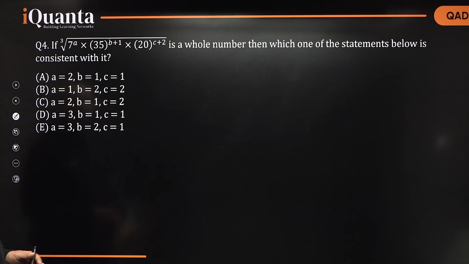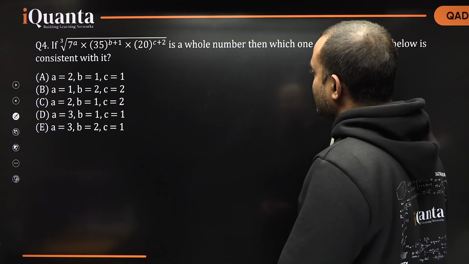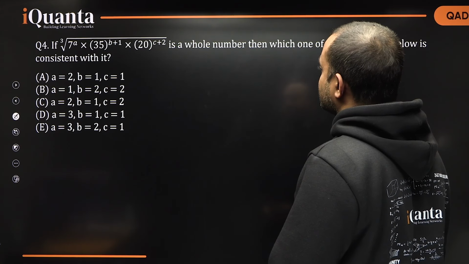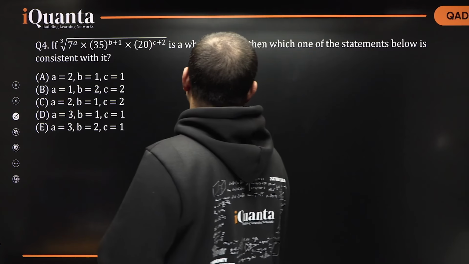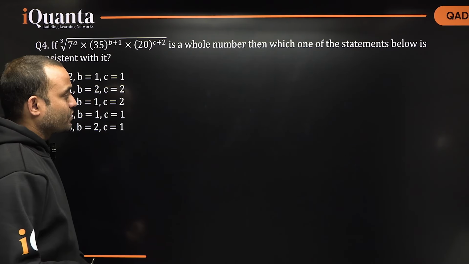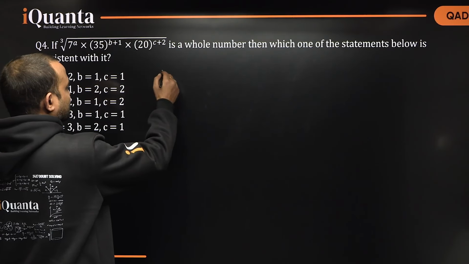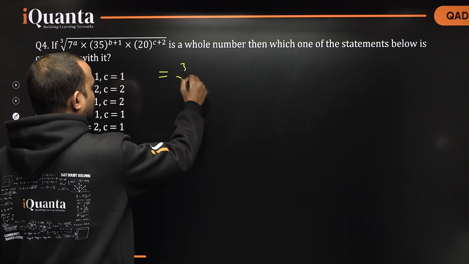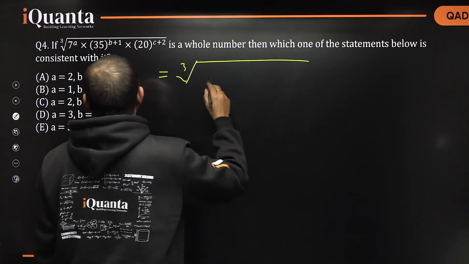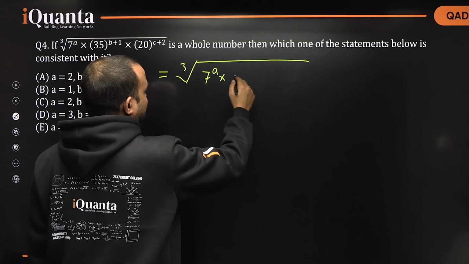If cube root of 7 to the power A into 35 to the power B plus 1 into 20 to the power C plus 2 is a whole number, then which of the statements below is consistent with it? Okay, so this result is a whole number. If I write this, can I say this will be equal to cube root of 7 to the power A into 35, which can be written as 7 into 5.